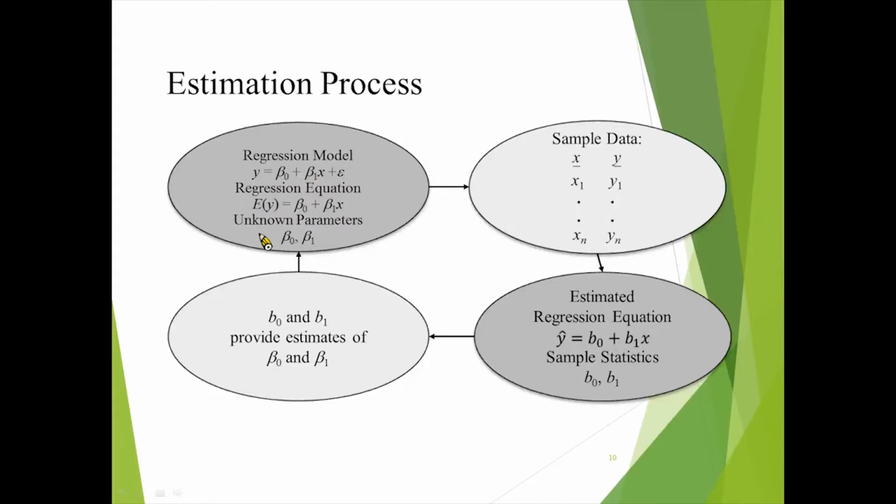The parameters beta 0 and beta 1 are unknown, so we collect sample data, one independent variable x and the dependent variable y. We collect several data points and put them into the regression equation, and we can find the estimates of beta 0 and beta 1.